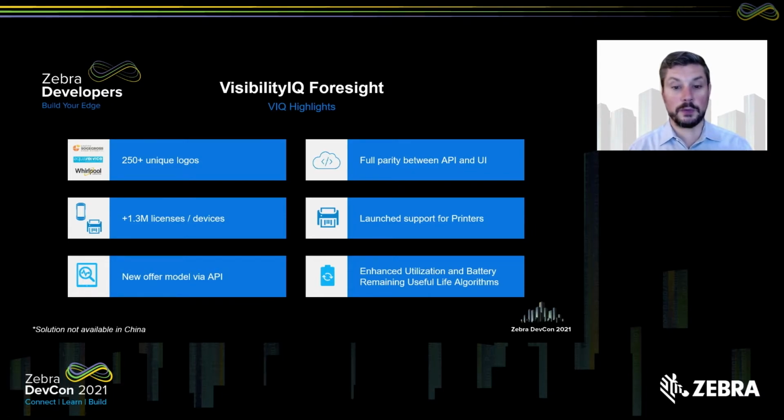And then another big update we did, and we continue to do this, is looking at the remaining useful life of our batteries. We're on version 4 at this point.